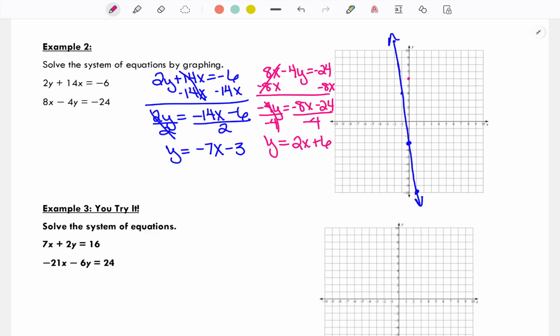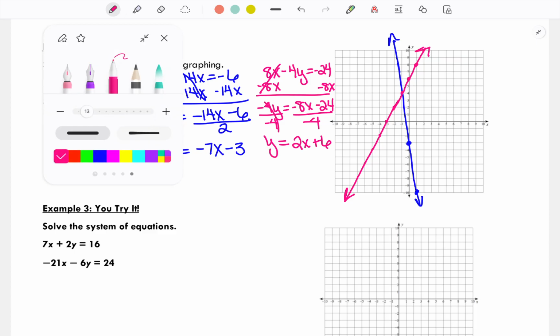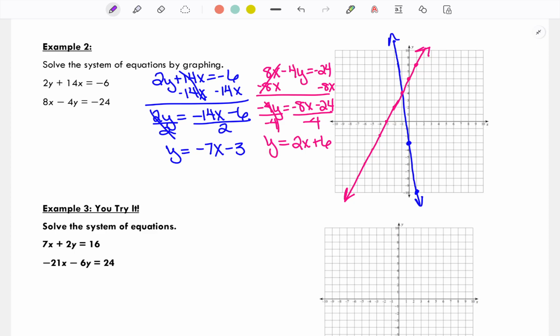So we're going to have an intercept at 6. We're going to go up 2 over 1. We can go down 2 and back 1. And so the point where we do cross is negative 1, 4.